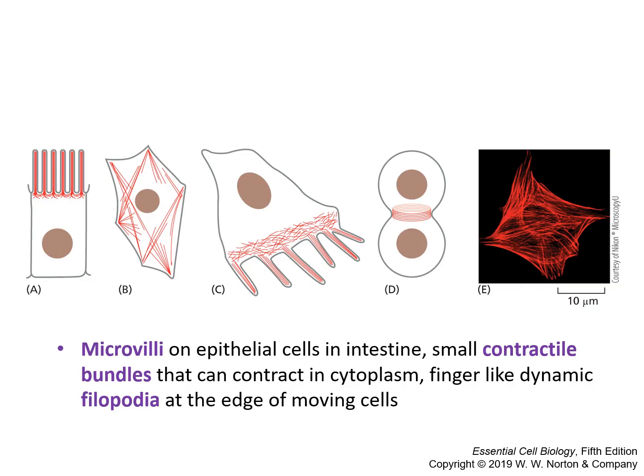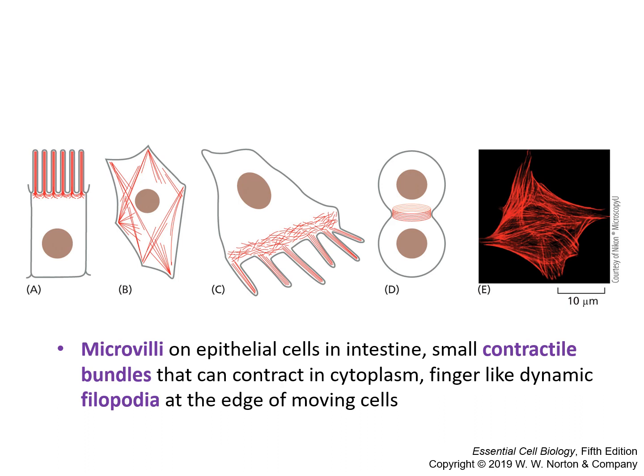For example, you can find actin filaments making the microvilli found in gut epithelial cells that increase the surface area of the gut cells and improve absorption.